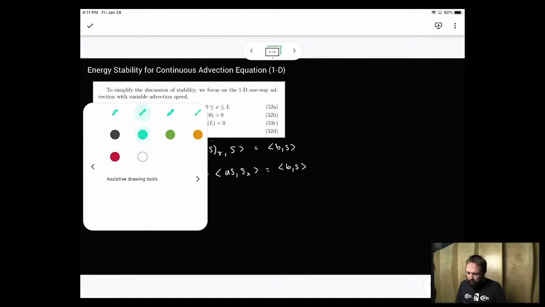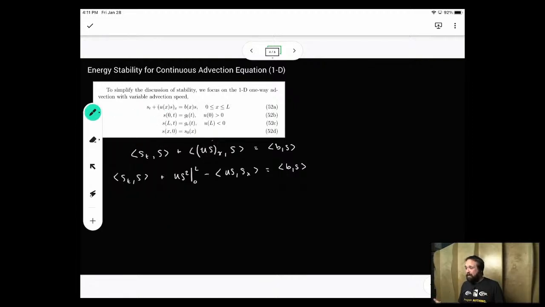Let me go ahead and change colors here, because we're going to do another form of the equation where instead of doing integration by parts, we're going to do a chain rule, because this helps us actually drop a few terms off, again to get a bound for our solution. If I do chain rule, I'm still going to get ds dt, inner product with s.